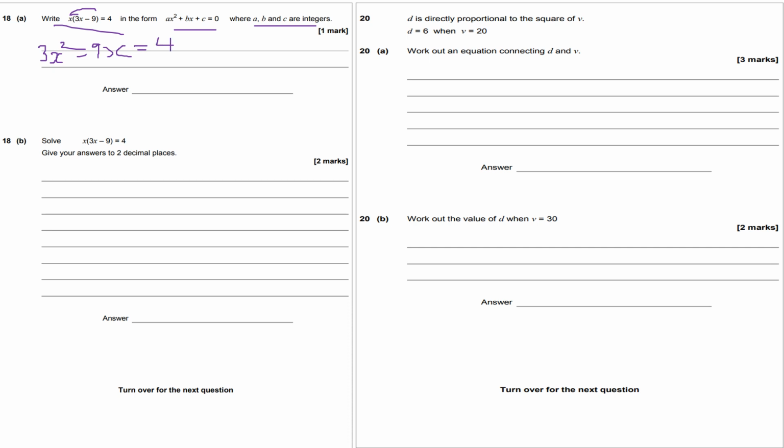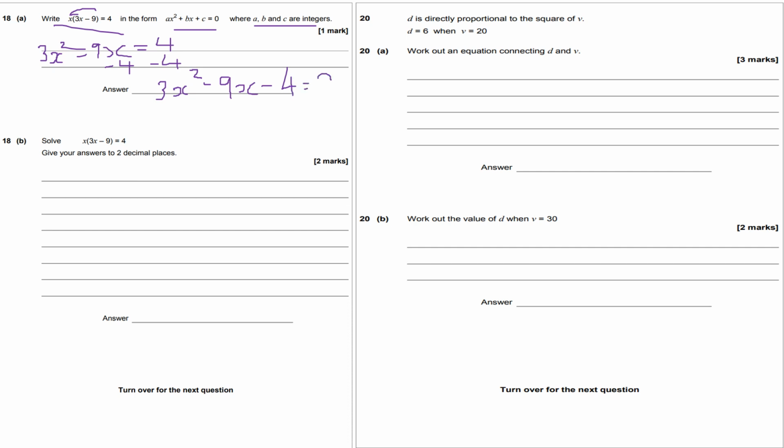I'm now going to subtract 4 on both sides, so it's in the form ax squared plus bx plus c equals 0. So I have 3x squared subtract 9x subtract 4 is equal to 0. And this is an important point in the exam, guys.